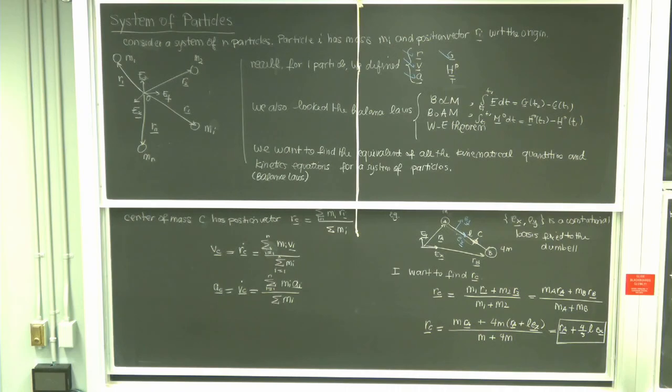So for particle I, how do I calculate its angular momentum about point P? Exactly. Okay?